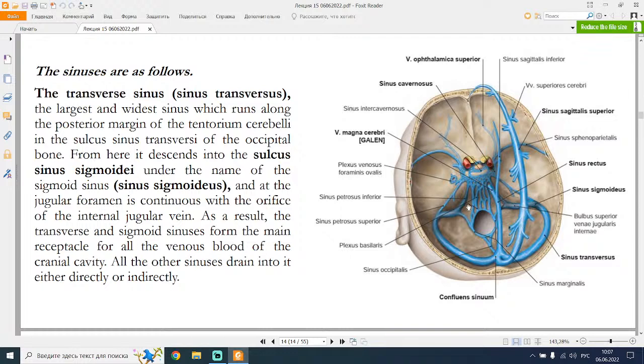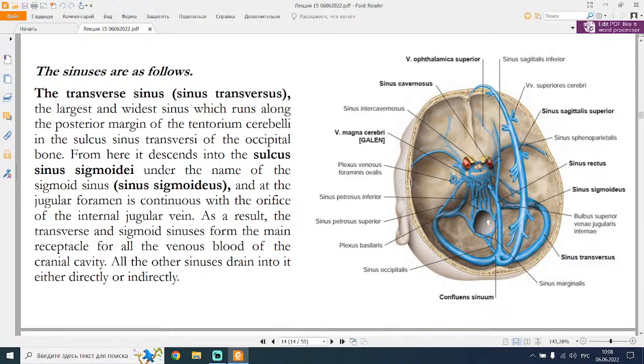As a result, the transverse and sigmoid sinus form the main receptacle for all the venous blood of the cranial cavity. All other sinuses drain into it either directly or indirectly.